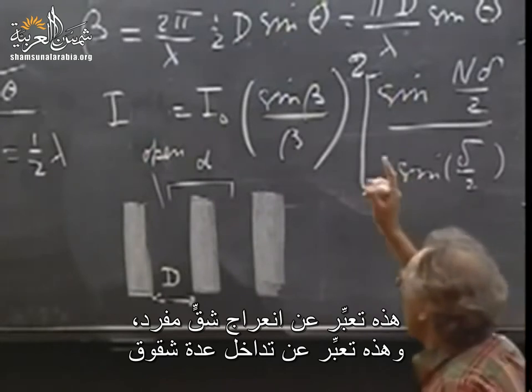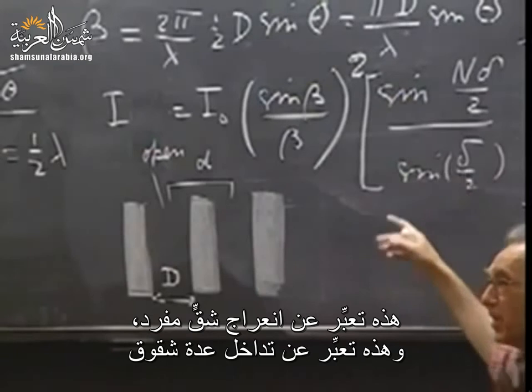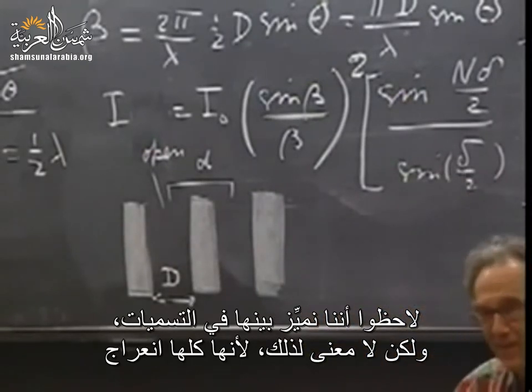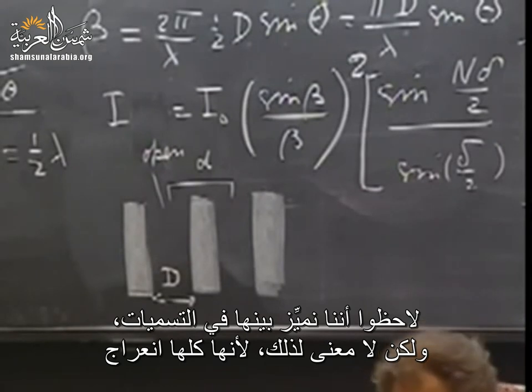So this is the single slit diffraction, and this is the multiple slit interference. There you see again, we make the distinction in wording, but that has no meaning because it's all diffraction, of course.